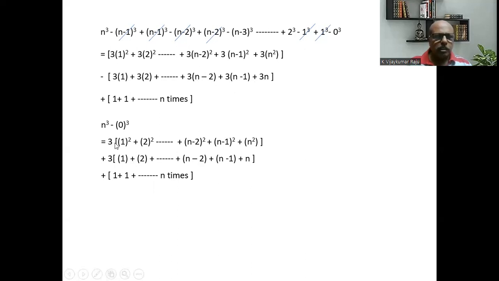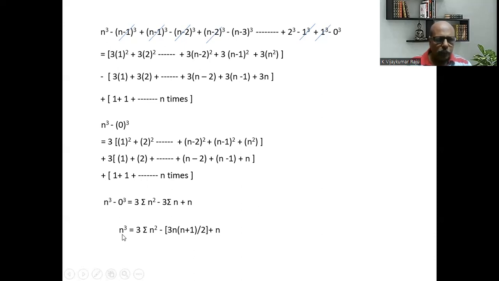So that means 3 into sum of n square plus 3 into sum of n plus n. So that means it will be taking this form, n raised to 3 minus 0 raised to 3 is equal to 3 into summation of n square minus 3 into summation of n plus n. Now, 0 cube is 0.